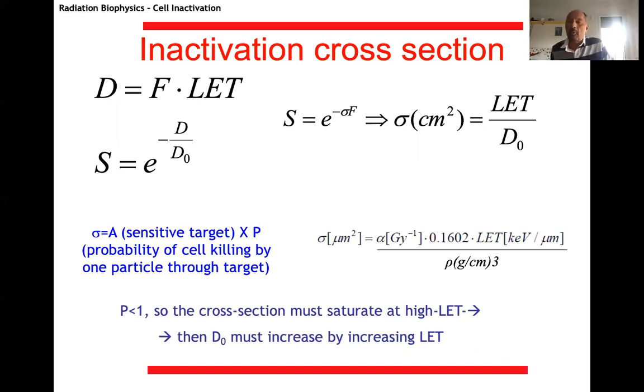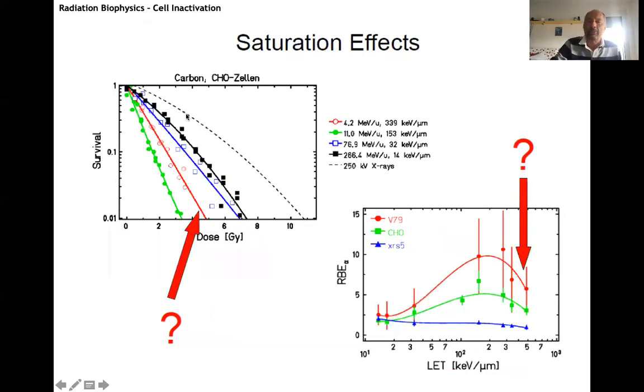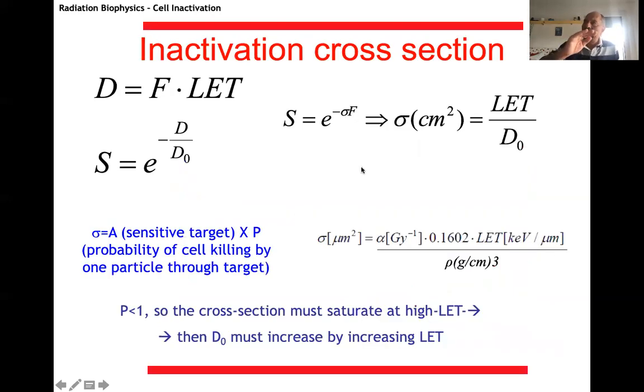Now, why do we have this strange effect? You see, this has been as a function of the dose, but if it was as a function of the fluence, you would see these curves going in this direction. So the cross-section increases when you go from low LET to high LET. Why increase?